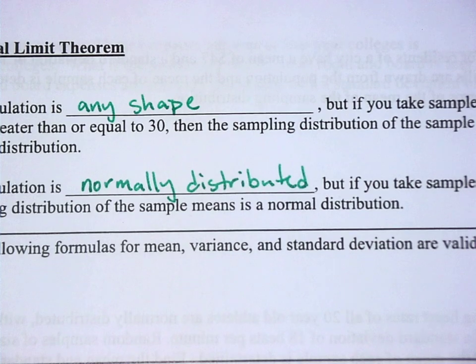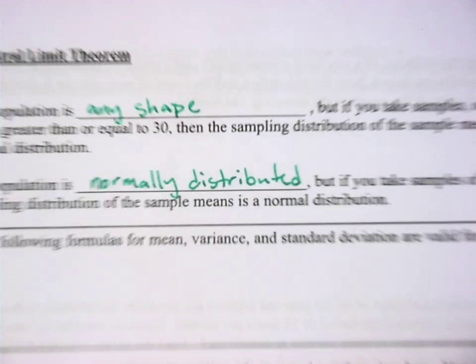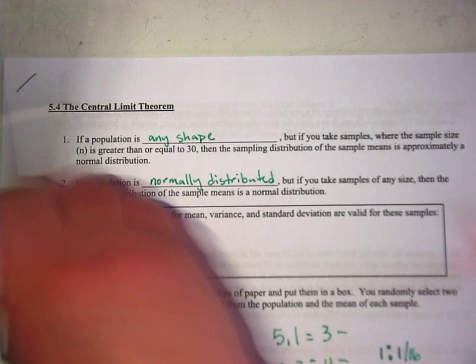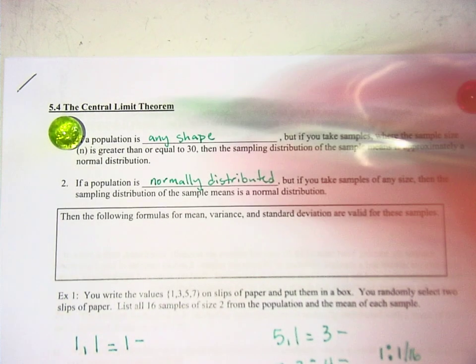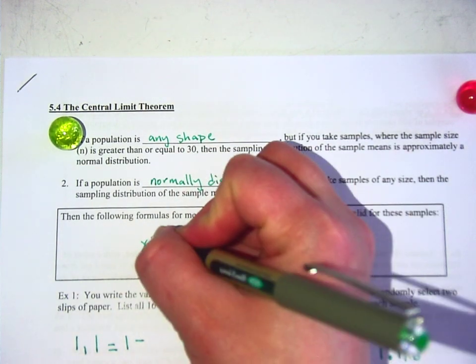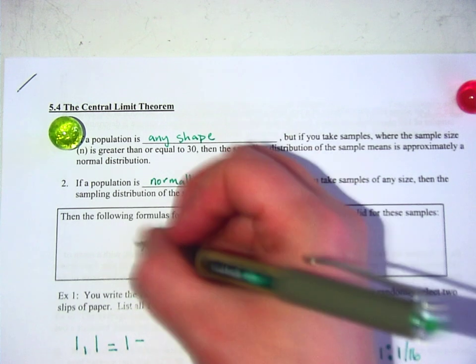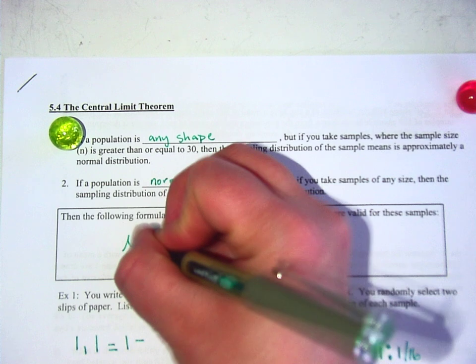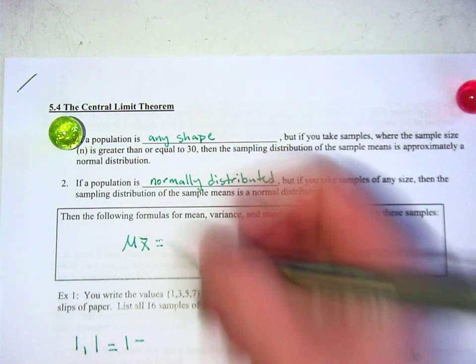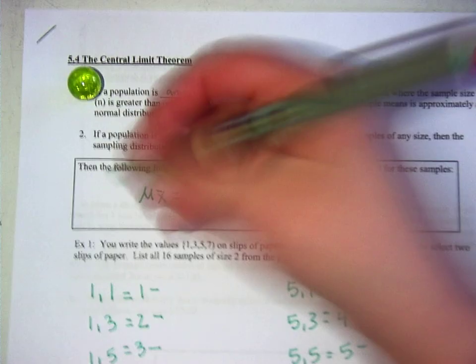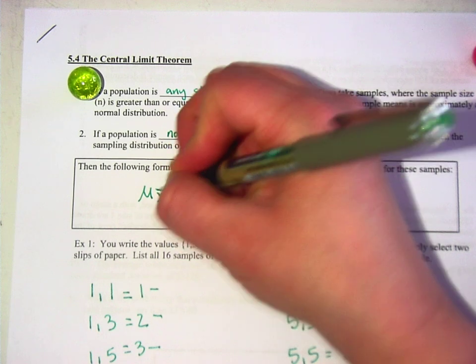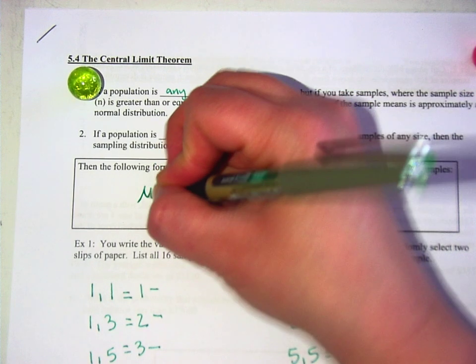So the following formulas are true then. This is called the mean of the means. So it's like a mu with a sub x bar. Mu sub x bar.